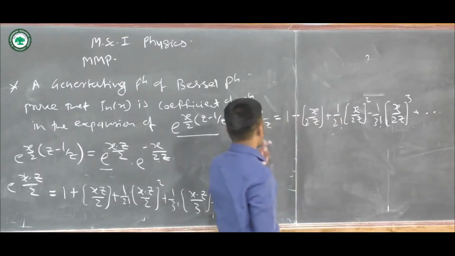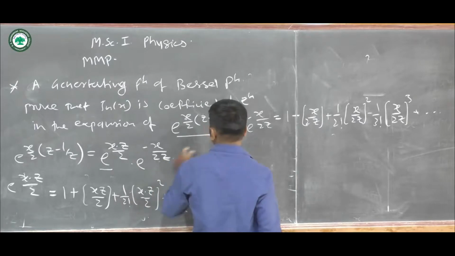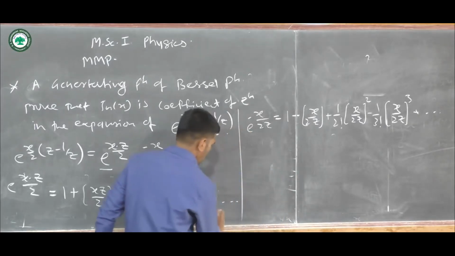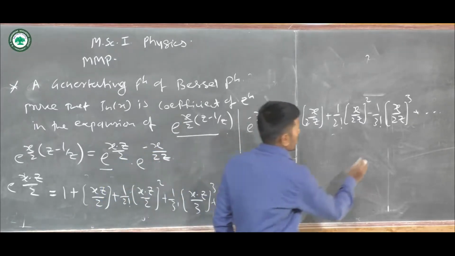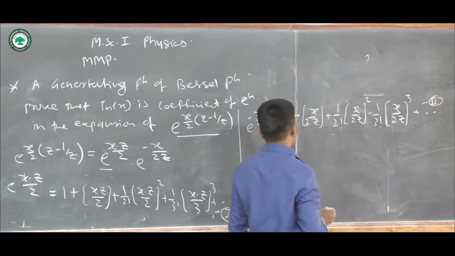So this is the expansion of these two things. Now take the multiplication of them. Suppose this is equation number first and this is equation number second. So multiply equation first and second.